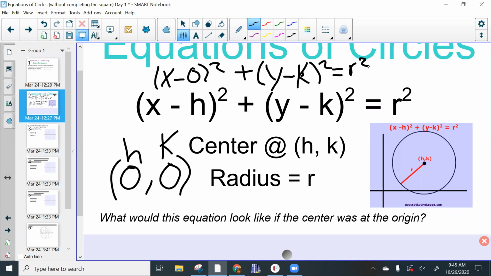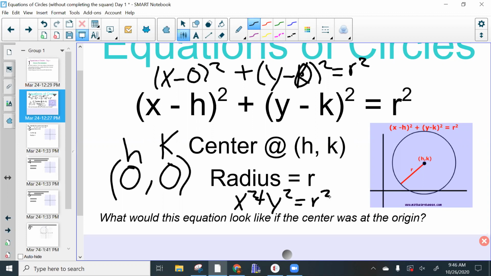If we want to simplify this, x minus 0 squared we can just write as x squared, plus y squared, because the 0 doesn't mean anything here, equals our r squared.